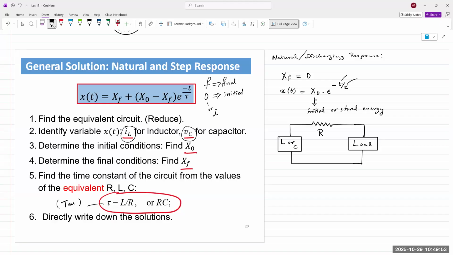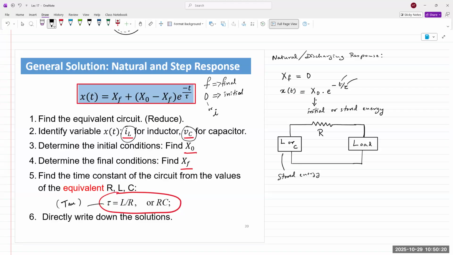If it's a small cup or a small mug, we can fill it up faster. If it's a medium-sized bucket, it takes a while. If it's a big tank, it's going to take a long time, right? And yeah, that's what it is. It takes a long time for it to discharge. So in this natural response or discharging response, we have a stored energy.